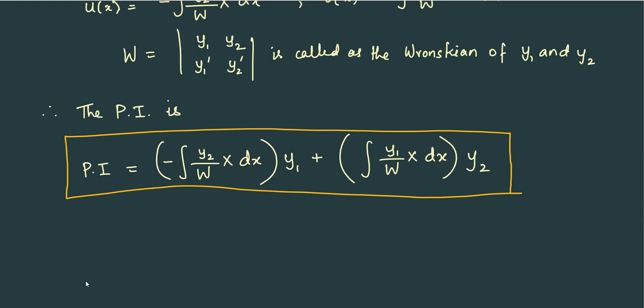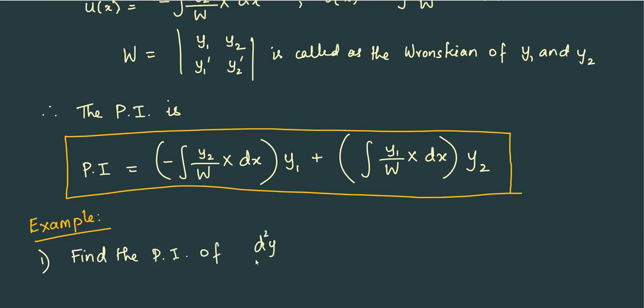So let us do an example. Find the particular integral of d square y by dx square plus 4y equal to tan 2x.